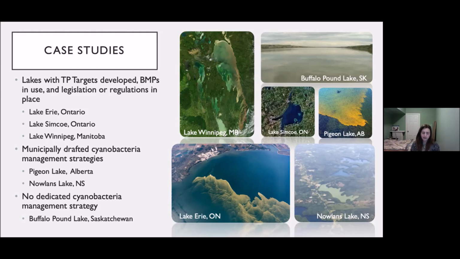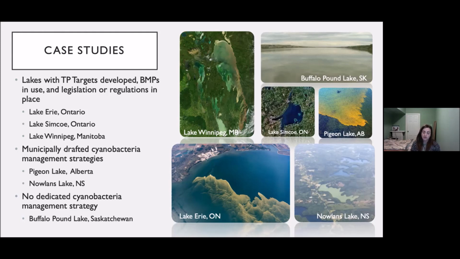And then the last lake I chose is Buffalo Pound Lake in Saskatchewan. This final lake has no dedicated lake management strategy. However, water quality is protected under an integrated watershed management plan called the Lower Qu'Appelle River Watershed Plan. Phosphorus loading targets have not been developed for the watershed or for Buffalo Pound Lake, which is a slight problem because it's actually a drinking water source for 25% of the population in Saskatchewan.